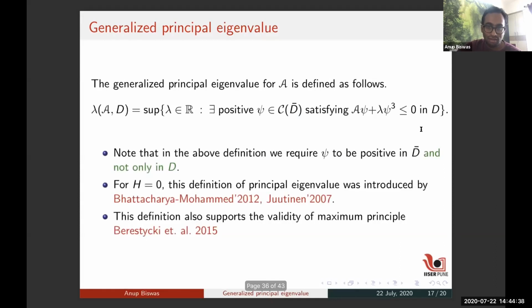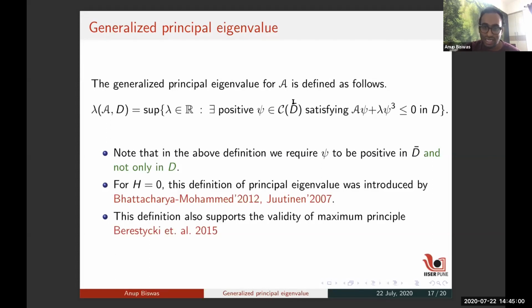It's not only done by us, it actually started from several works. There is a work of Bhattacharya and Mohammed in 2012, Juutinen in 2007, and later Berestycki and others in 2015. They all imposed the condition that it has to be positive all the way up to the boundary.